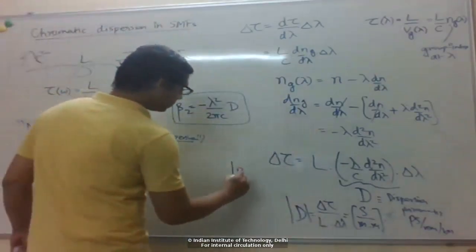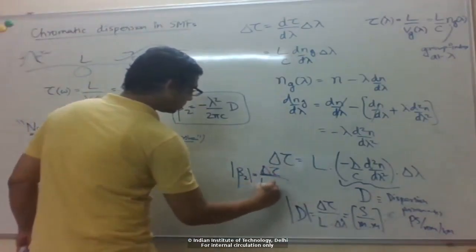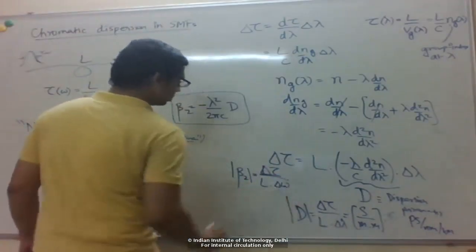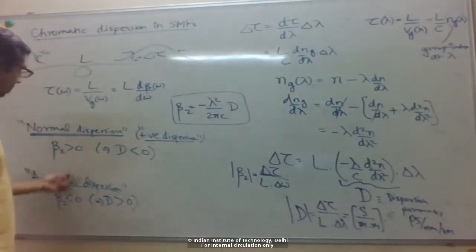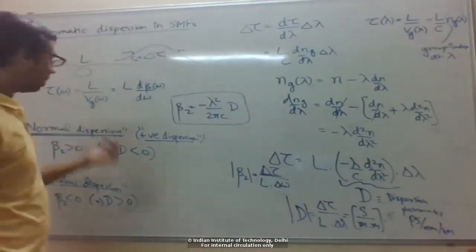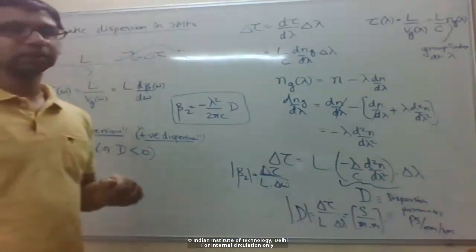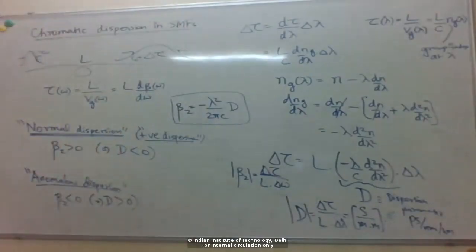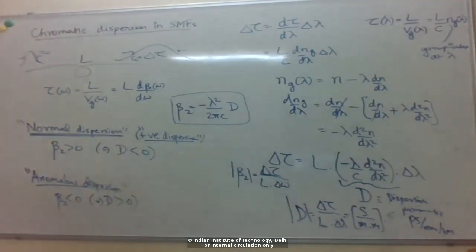Similarly, in both cases, whether it's positive or negative, you will get broadening. It's not that in one case you'll get broadening and in the other case you'll get compression. In both cases you'll get broadening.